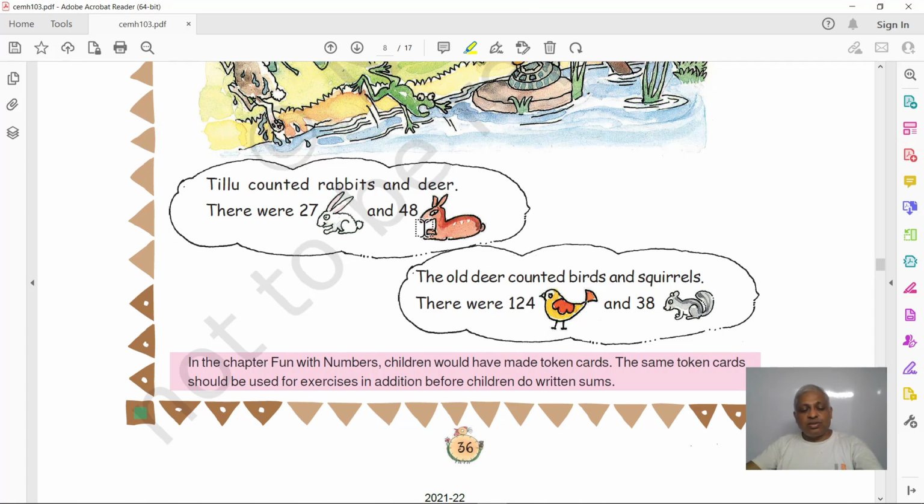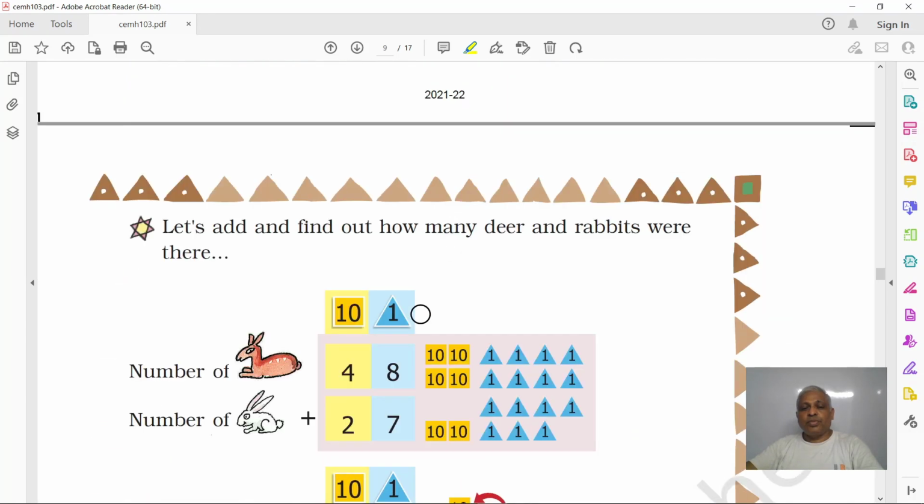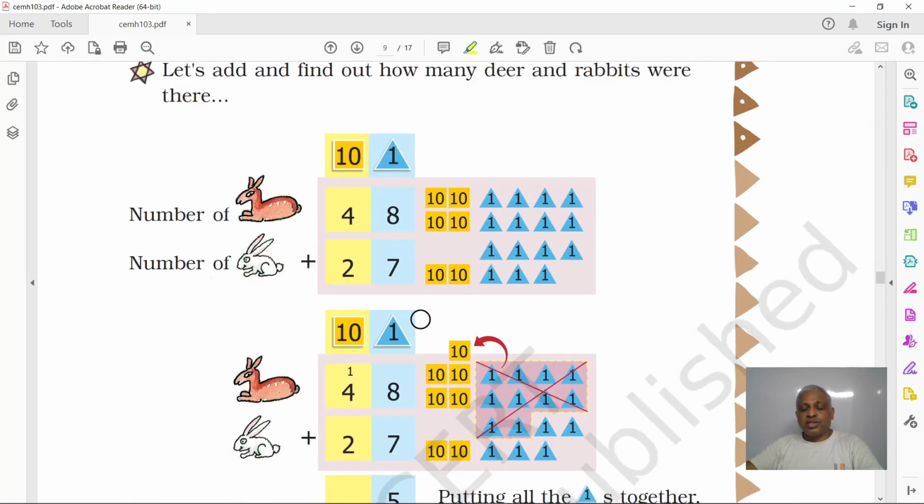Let us draw the birds and squirrels. Birds 124, squirrels 38. Okay, they know how many are in their group. So let us count them.